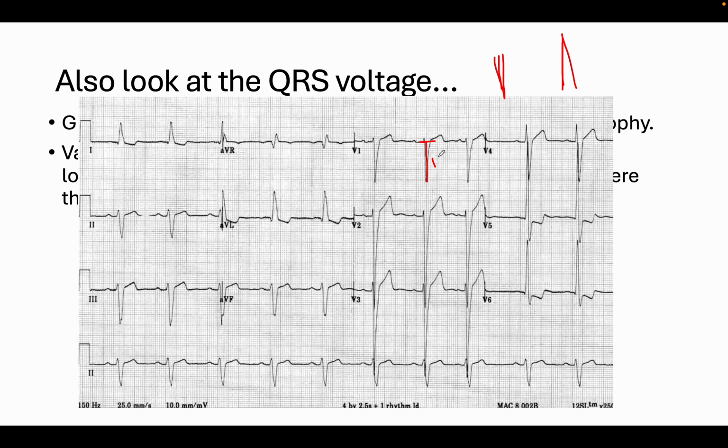So let's say that's roughly 14 millimeters downwards this S wave is. And we make sure it's calibrated to 1 millivolt equals 10 millimeters. And then we look at our R wave, which is this upward spike here in V5 or V6, and we can already see that this R wave is huge because we can't even see the end of it. So let's go for the biggest one here.